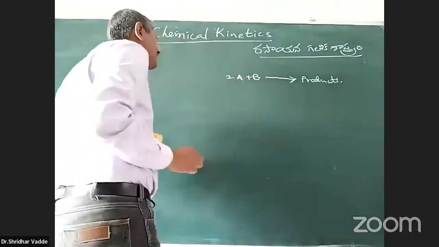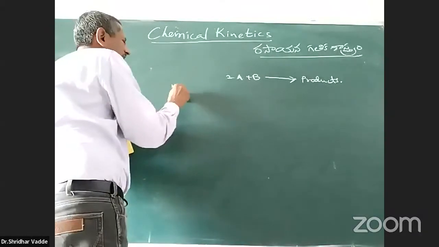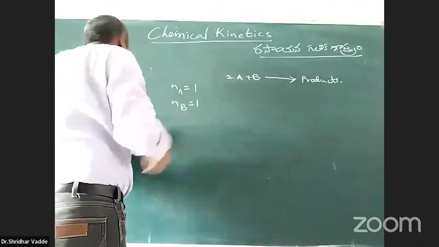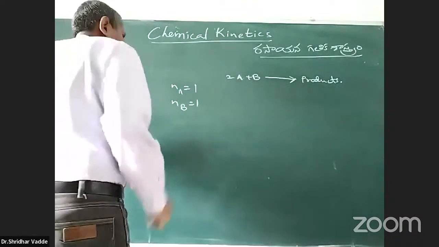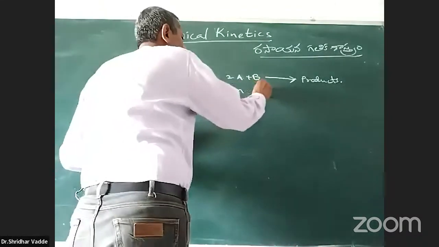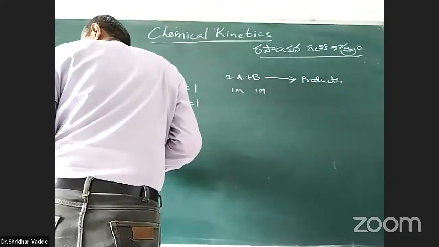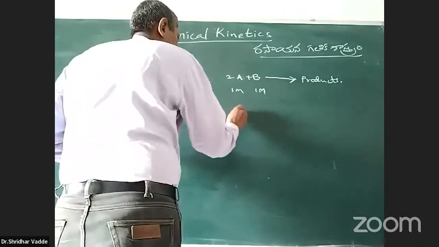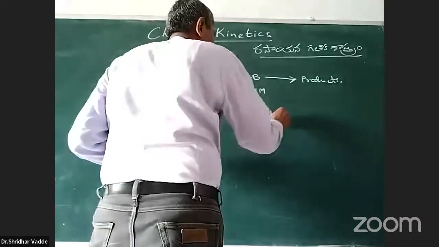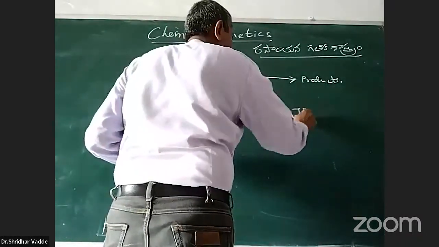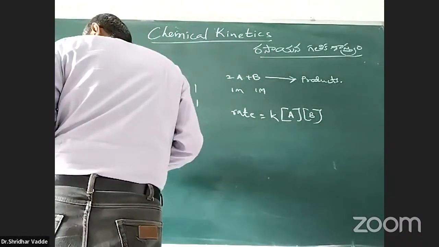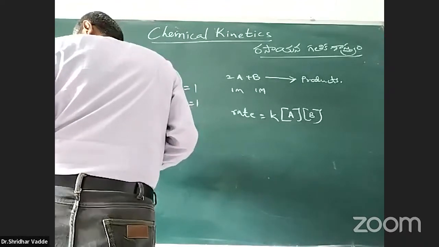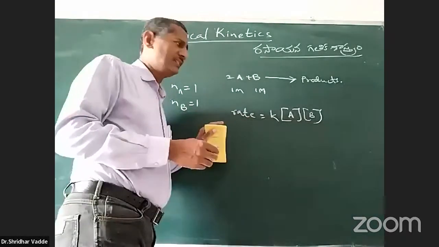So 2A plus B. With respect to A, n for A is 1, and n for B is 1. Here, initially this is 1 molar and this is also 1 molar. Therefore, the rate is equal to k into concentration of A into concentration of B. And after some time, what happens here?